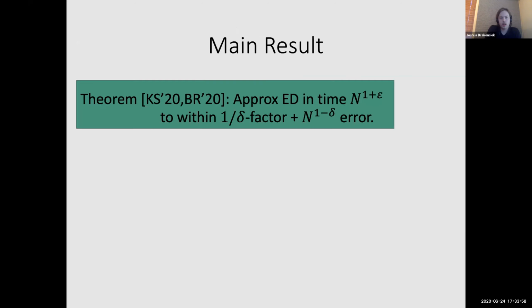To state this result formally, for every epsilon, there exists a delta such that you can approximate edit distance in time n to the 1 plus epsilon to a multiplicative factor of 1 over delta and an additive error of n to the 1 minus delta.